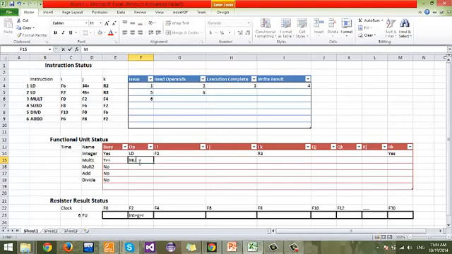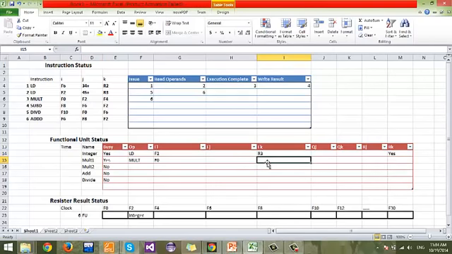What's this? Mult. What's fi? Fi is f0. What's fj? Fj is f2. Let's look. F2 is not available because it's yet going to be written by integer functional unit, load 2.